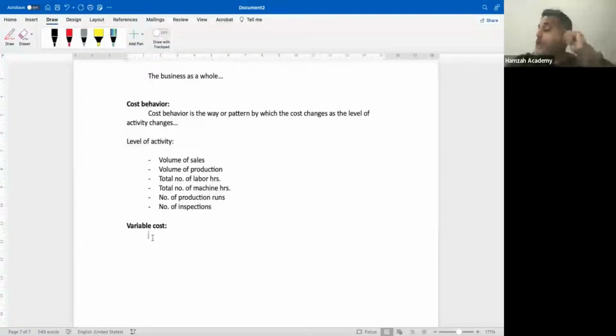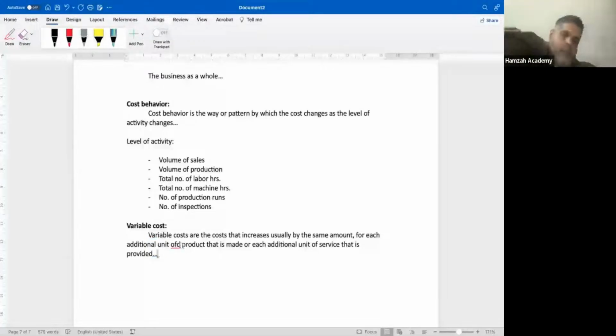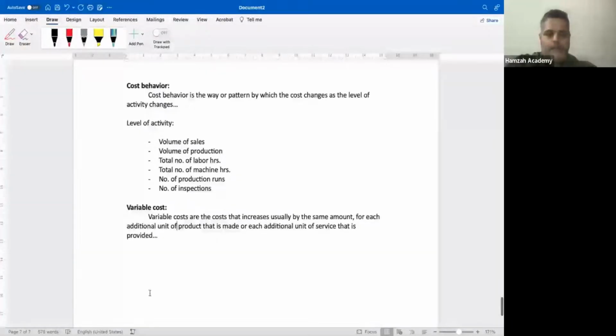Ladies and gentlemen, variable costs are the costs that increase usually by the same amount for each additional unit of product that is made, or each additional unit of service that is provided, right?